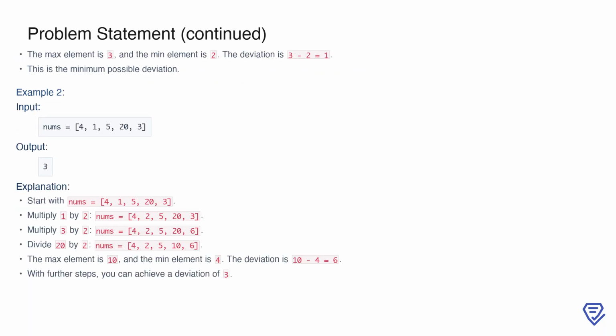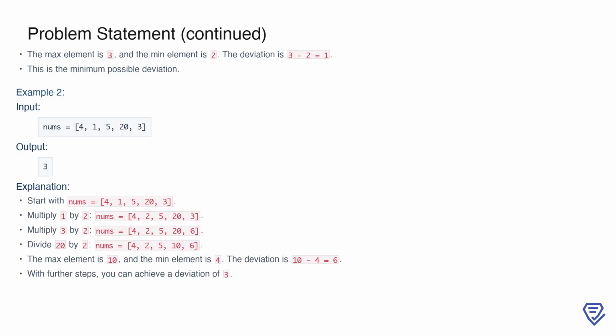Now let's examine another example to see how the operations can be applied. If the input array is 4, 1, 5, 20, the process begins by multiplying the number 1 by 2, resulting in 4, 2, 5, 20. Next, you multiply the number 5 by 2, updating the array to 4, 2, 10, 20.